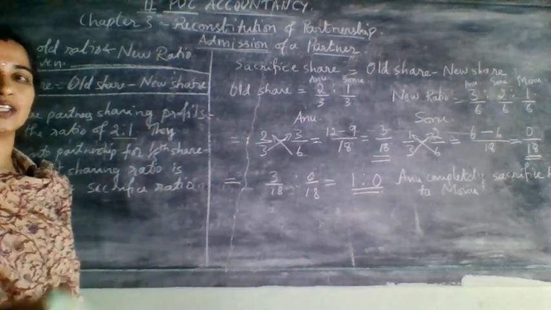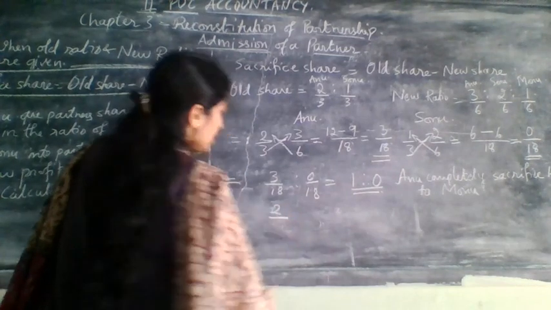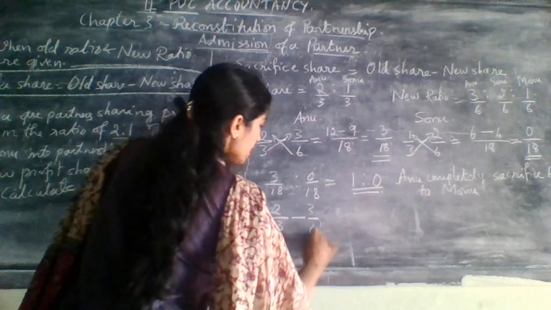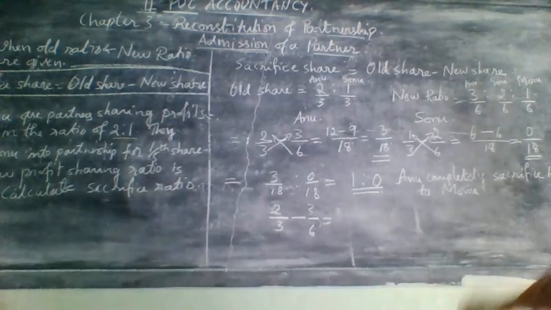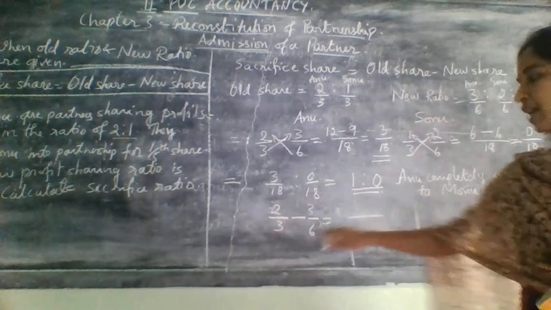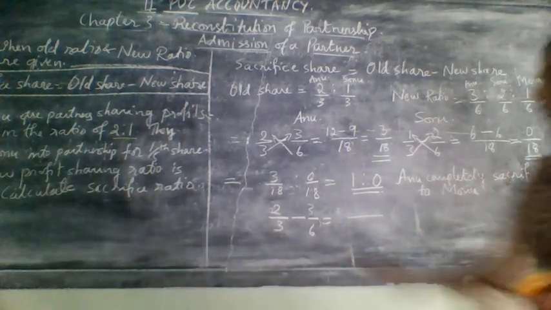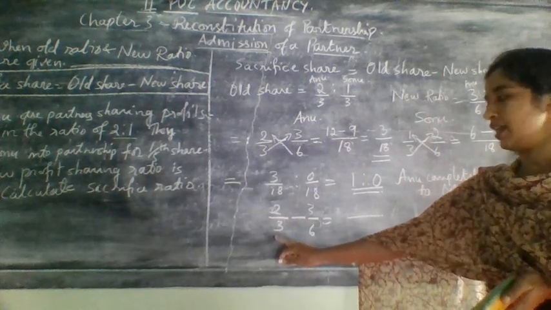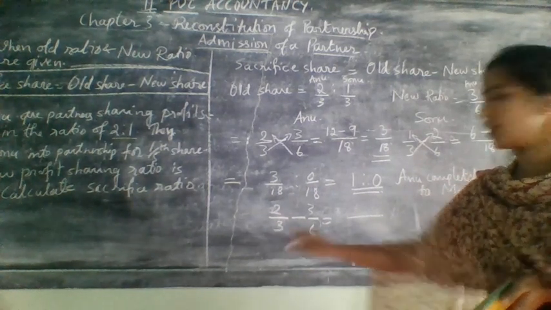Here I will do one more method, a simple form of calculation: minus 3/6. See here, what is the rule for taking the denominator? Which is the highest denominator? Consider 6. Is 6 divisible by 3? Yes, because 3 ones are 3, 3 twos are 6.